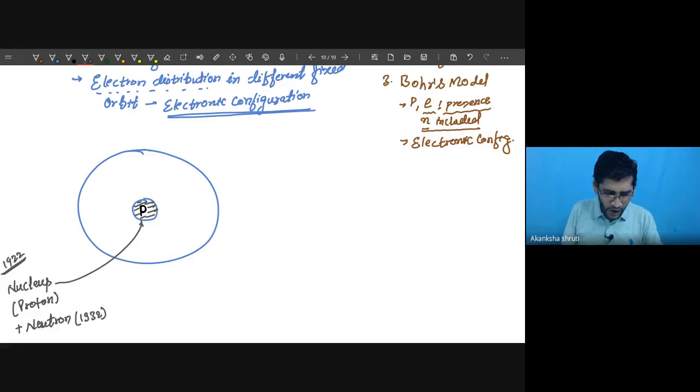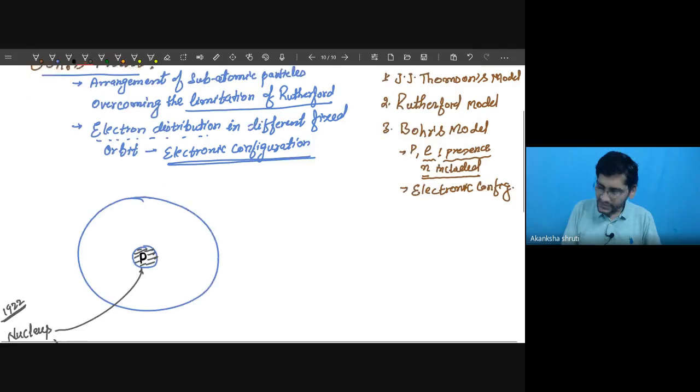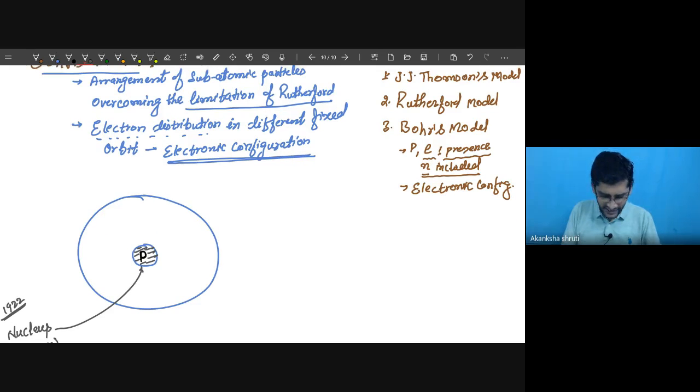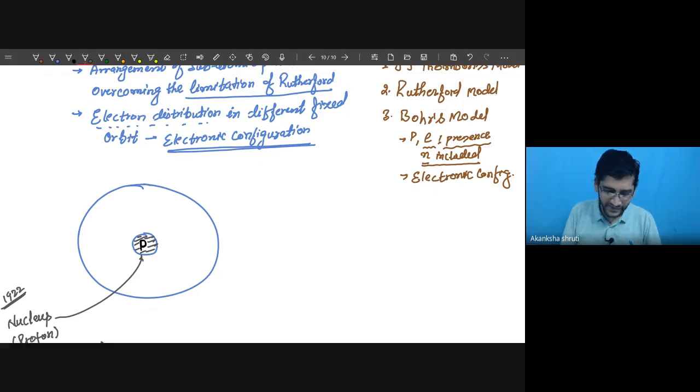So according to Bohr, there is a nucleus at the center, which contains the entire mass. But the feature Bohr added was that whatever path was given by Rutherford, he suggested that this path is always fixed.